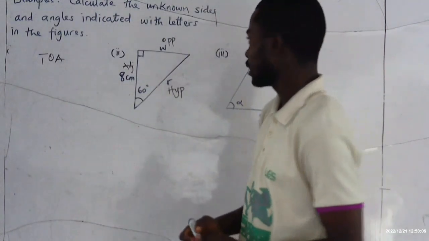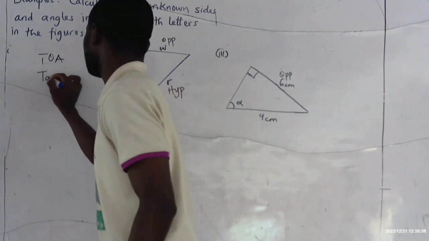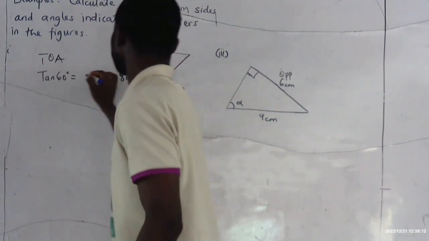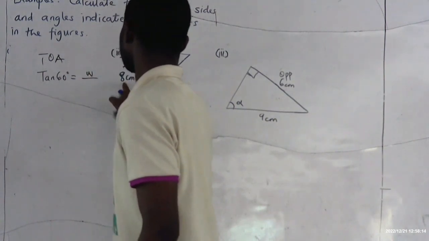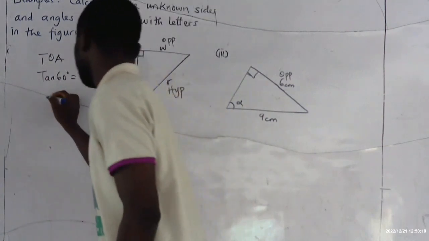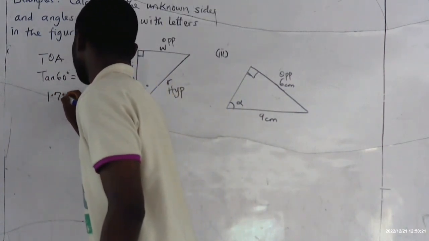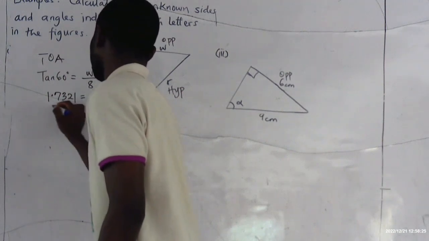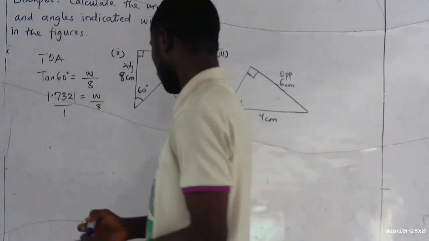So that we have 12. And I'll start with tan 60. Tan 60 degree equals opposite W over adjacent 8. Now, what is tan 60? You can write it 1.7321 equals W over 8. Now this means over 1, and I can cross multiply.